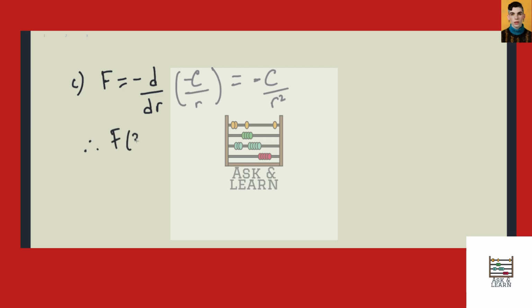Therefore, the ratio here, which is a lot simpler, is just 1 over 3 r naught squared over 1 over r naught squared, and this is 1 over 9, which is approximately 0.11.